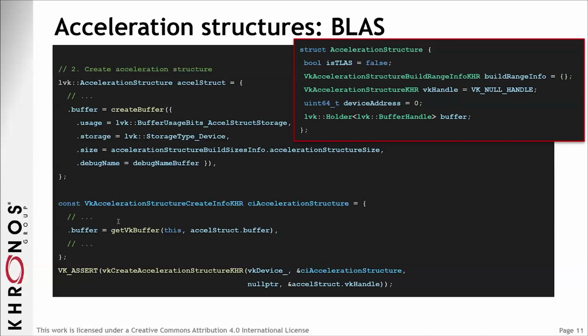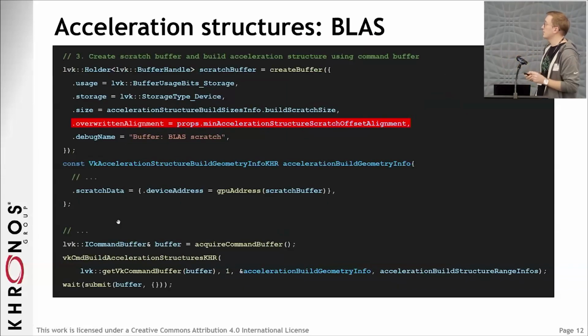Before we create an acceleration structure, we need to build something called a scratch buffer. A scratch buffer is additional memory for the GPU to calculate the acceleration structure. An important thing here, which I highlighted in red, is alignments. Alignments are everywhere. When we use ray tracing, all addresses we use should be aligned by some value. For many of the devices we've seen, it's 256 bytes.